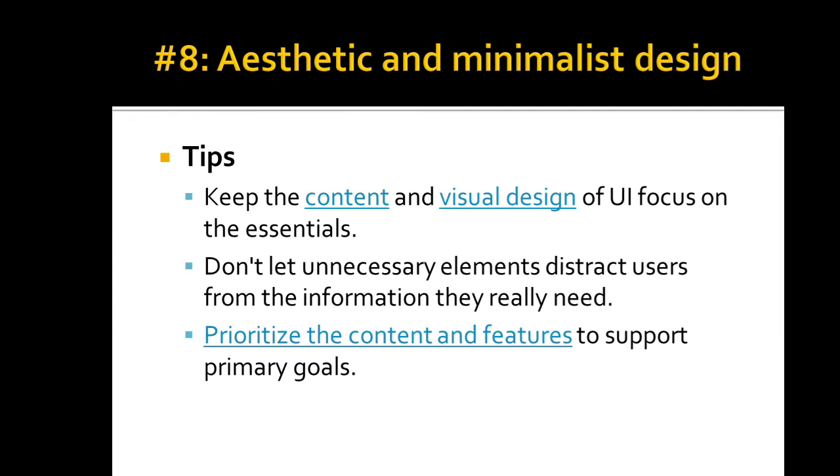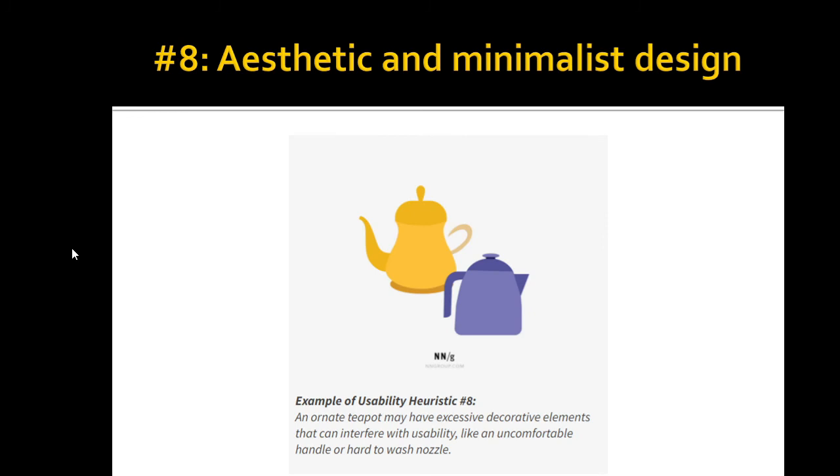Tips: keep the content and visual design of UI focused on the essentials. Don't let unnecessary elements distract users from the information they really need. Prioritize the content and features to support primary goals. So here's an example.